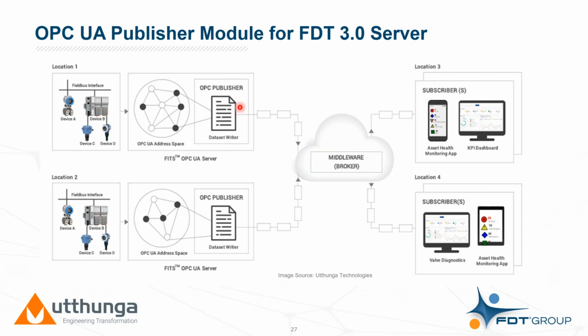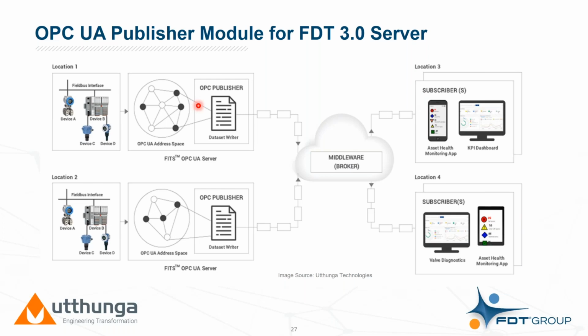And any asset health monitoring application will be able to fetch this information and then show it here. So in this case, it is a push mechanism from the publisher side. The subscriber will be given the data only when there is a change, for the asset health monitoring applications.